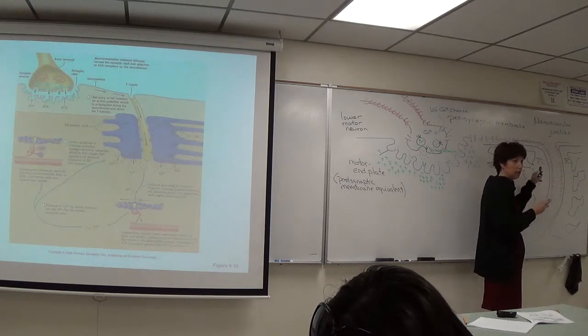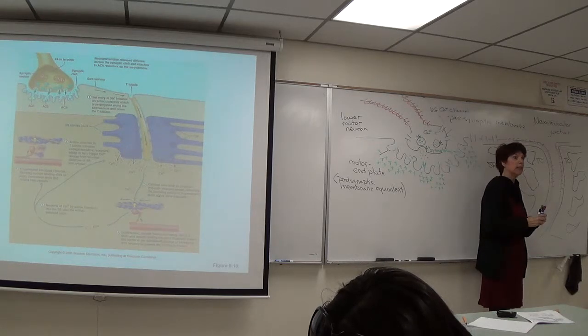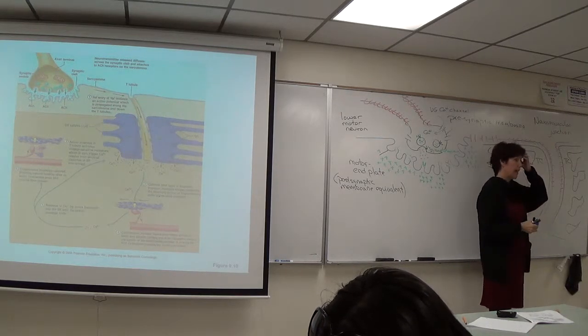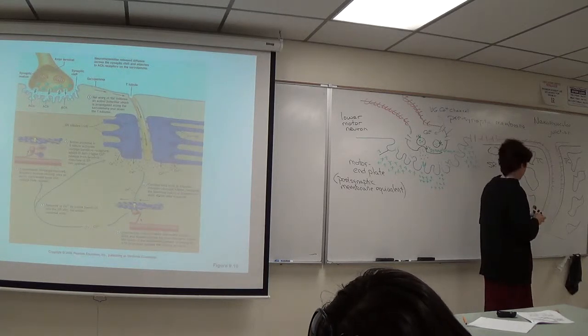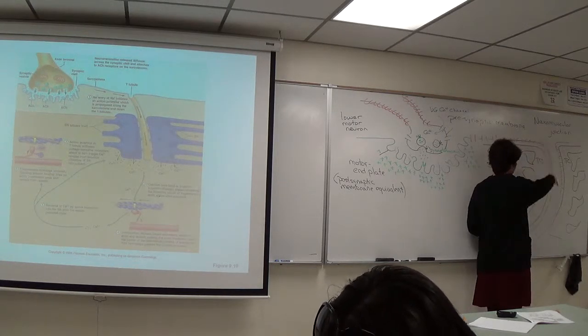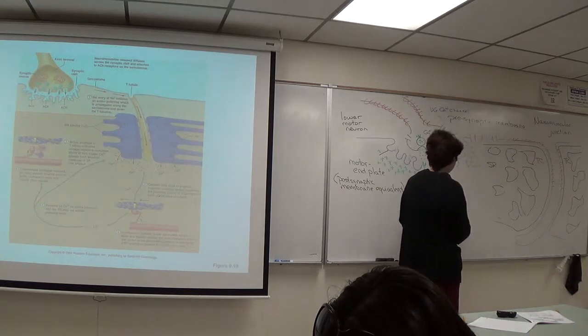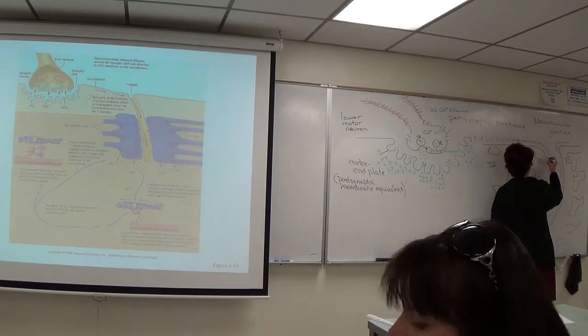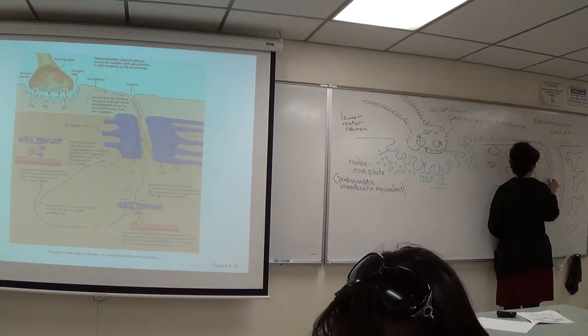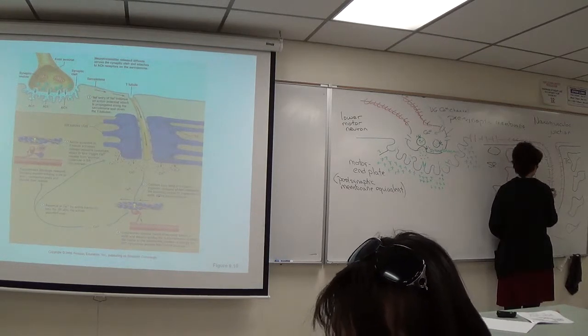It has a lower threshold. It doesn't require quite as strong a current for its voltage-gated channels to open. And so as the action potential travels down the transverse tubule, we also will open voltage-gated channels in the terminal cisternae.